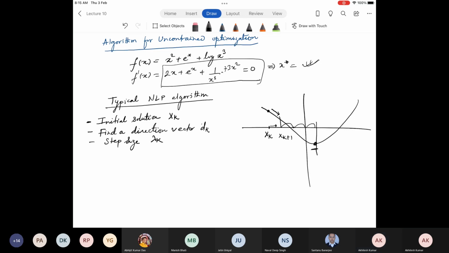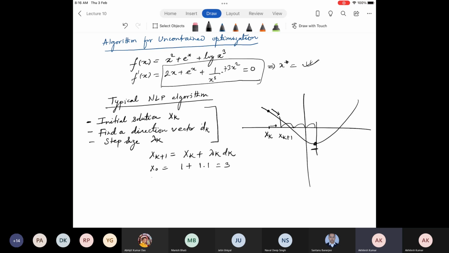So with these three initializations, in the next iteration my point is xk plus lambda k dk. Suppose I started with x0 as 1, lambda was 1 and dk was in the x direction.